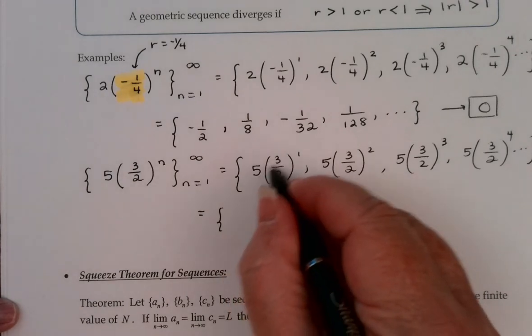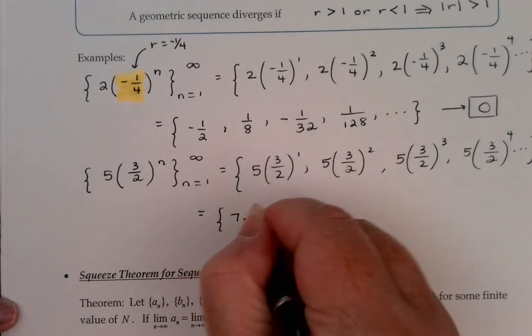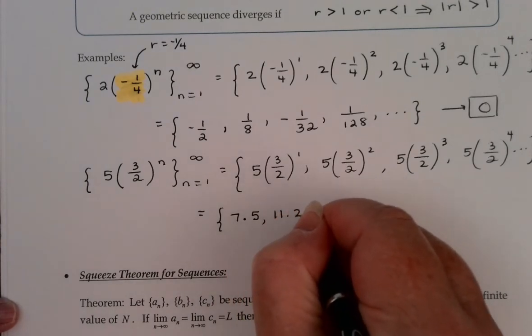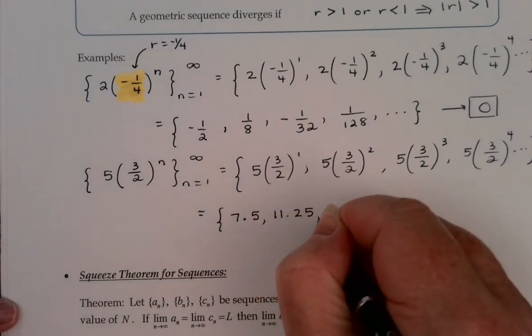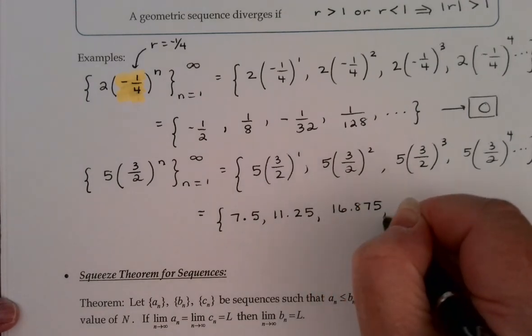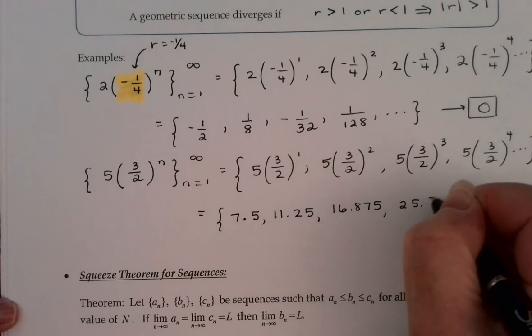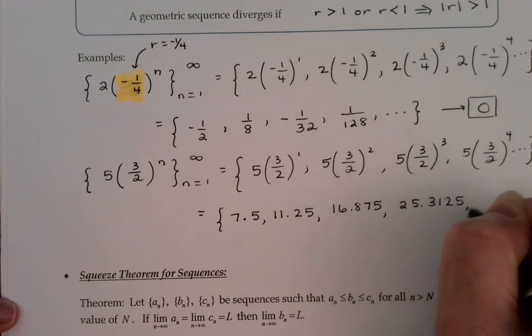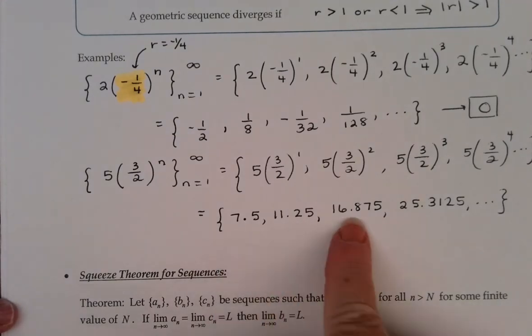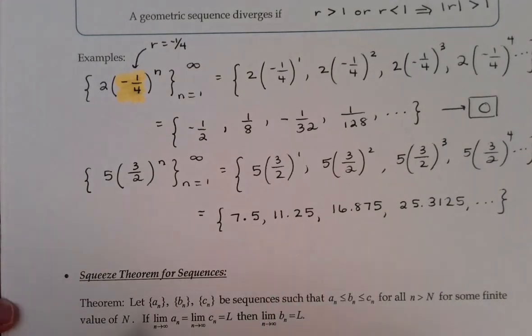The first one you can see is 15 over 2, which is 7.5. And just plugging into the calculator, I got 11.25 for the next one. 16.875. And 25.3125. And I think it's fairly clear here that these numbers are just getting bigger and bigger.